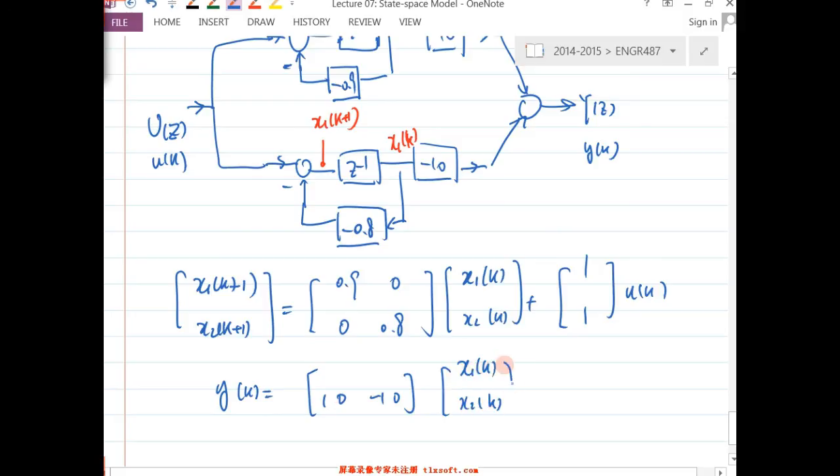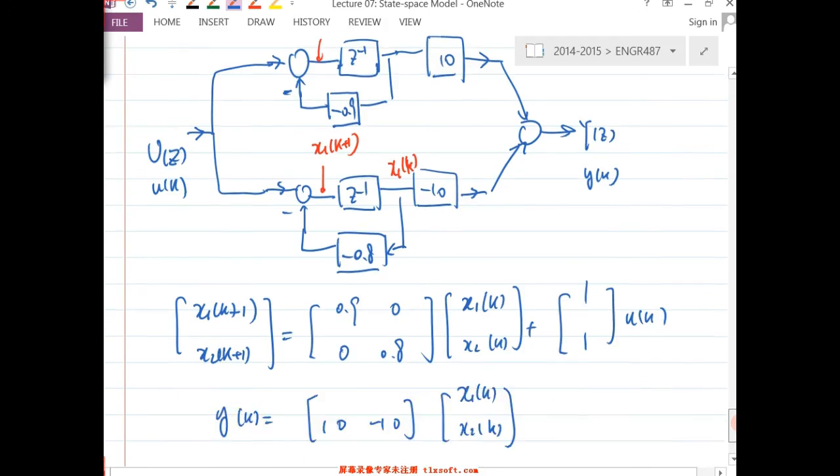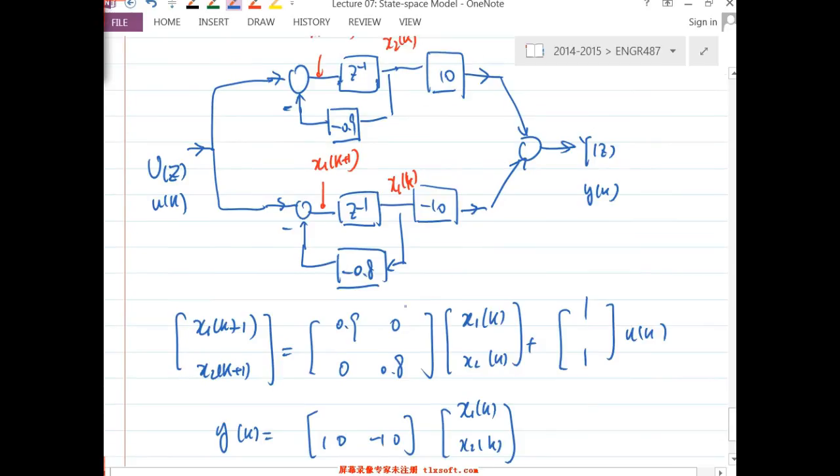Simply look at this and see that y of k equals 10 times this, negative 10 times that.